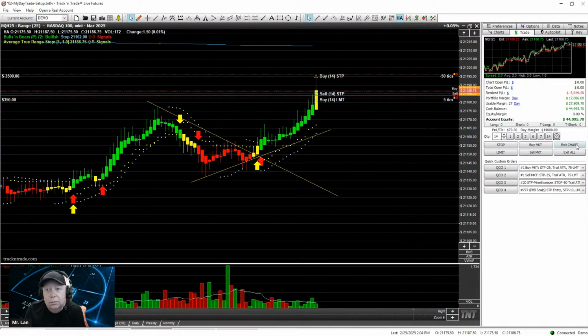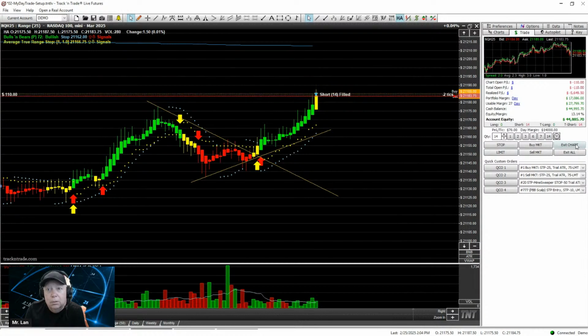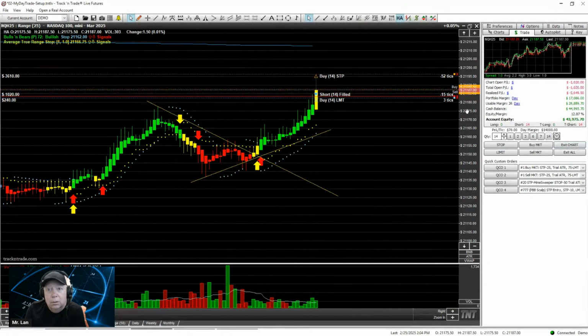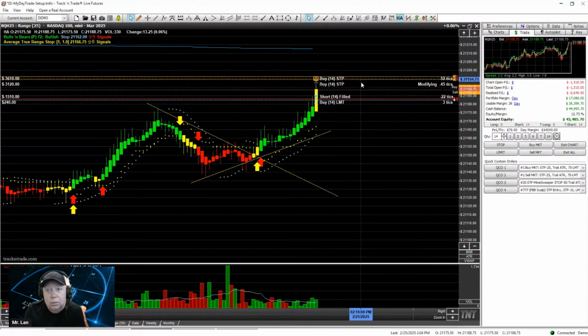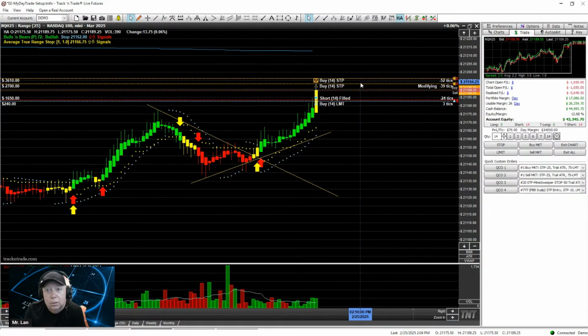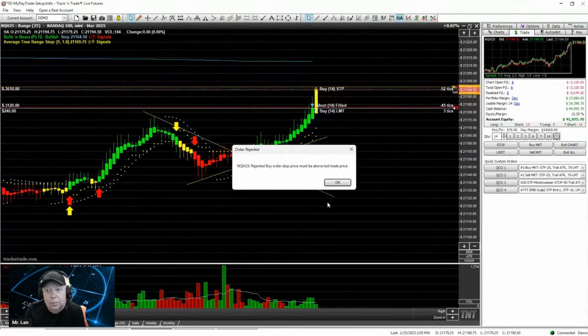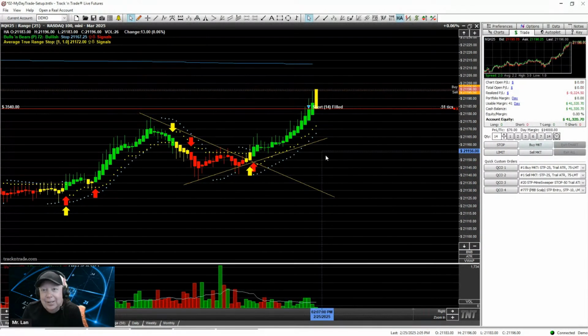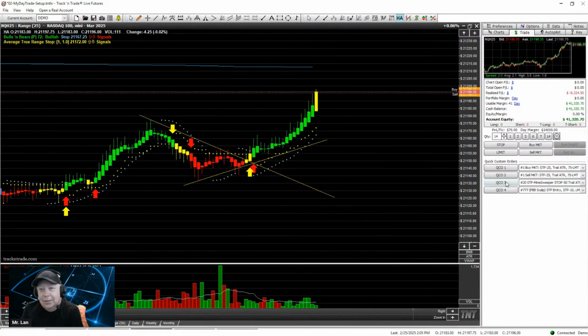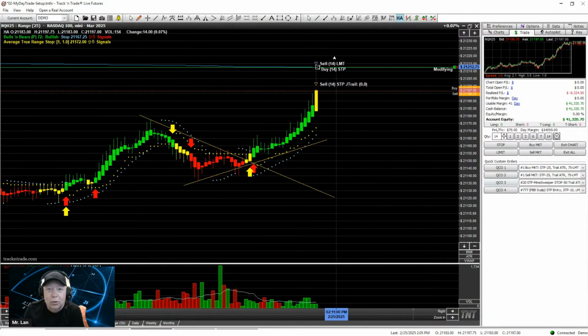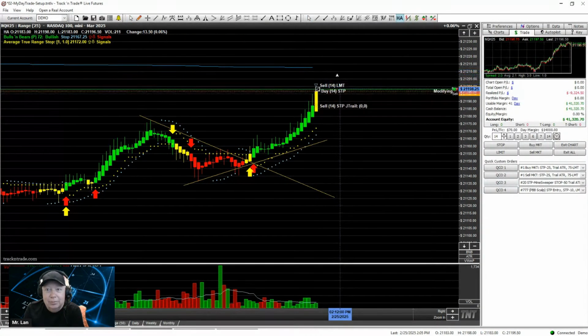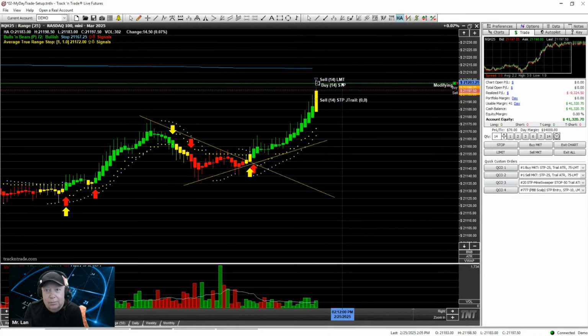Boy, look at it go. That thing's gonna kill us. This thing's on fire. In the after hours, it's gonna go all the way back up to the VWAP. That blue line acts like a rubber band. Pull back, pull back.